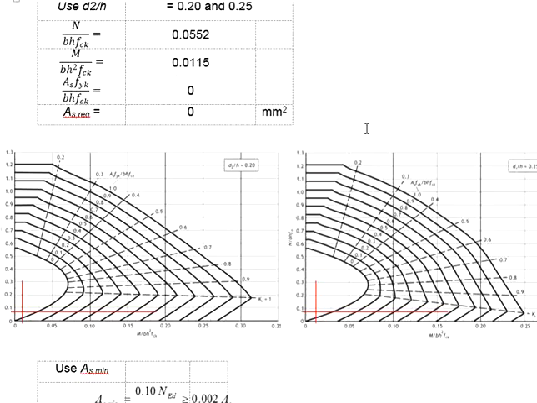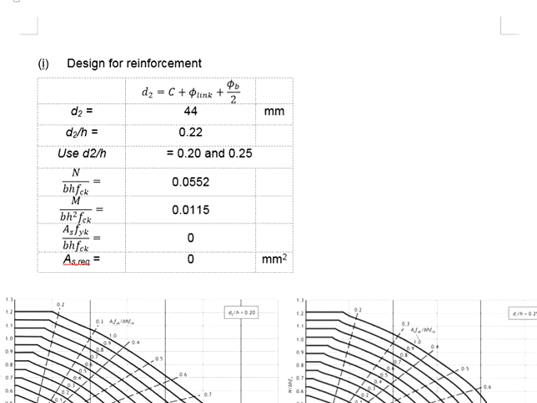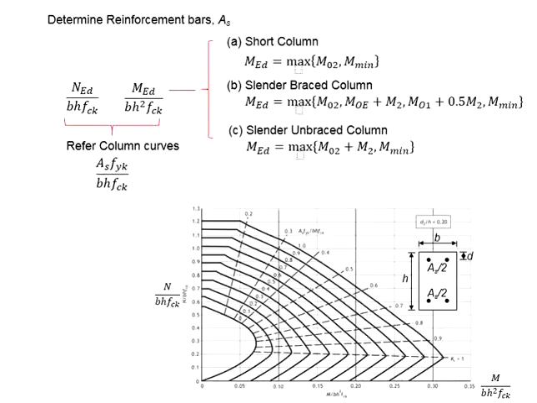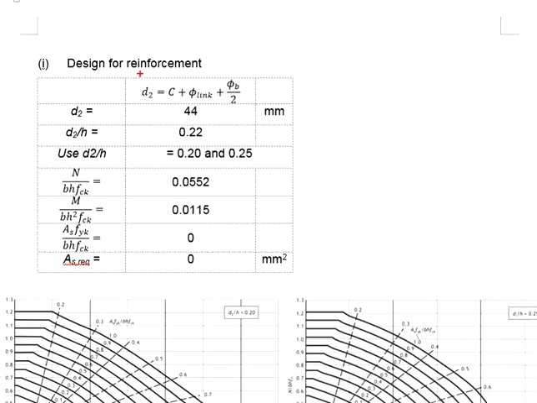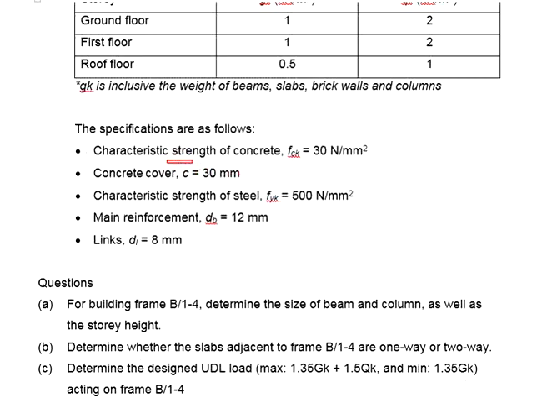In order to decide which column design chart to be used, you will need to first compute the D over H. The D over H is referring to this D over the H here. It is calculated by the concrete cover plus the size of the shear link plus half size of the reinforcement bar, as implied by the equation here. The concrete cover is 30 as given in the question.